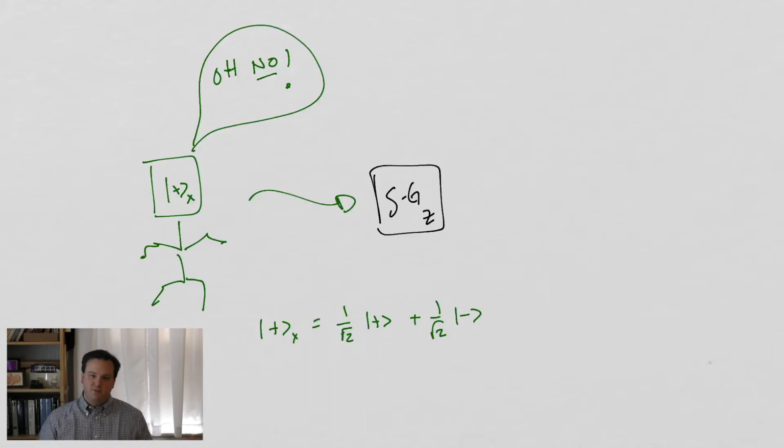I had that general thing and it became a spin up, and you say to yourself, well, maybe it was always spin up. But then I measure it in the x direction and I try to send that through another question of spin up or spin down, and it has to make the choice again, and half the time it will end up being spin down.